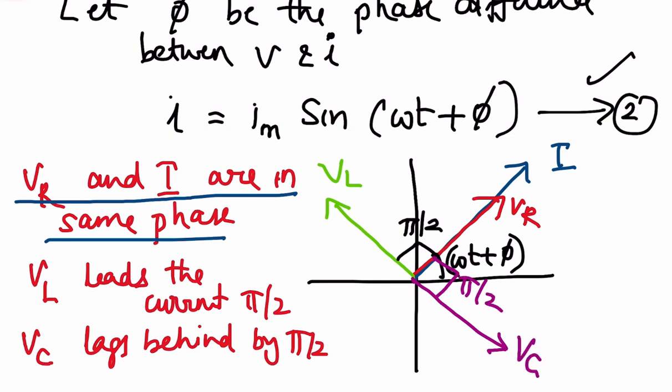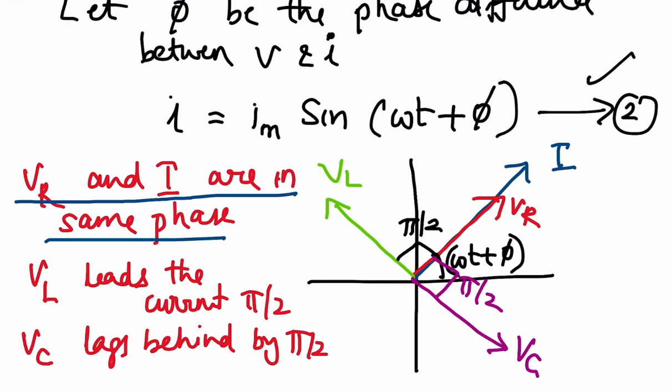Now very clearly you see here, I is the current which is common to all because they are in series. It is a series circuit. In the case of resistance, voltage and current are in the same phase. Therefore VR comes on the I line only. But in the case of inductance, the voltage across the inductance leads the current by 90 degrees, so it is taken with the light green color.